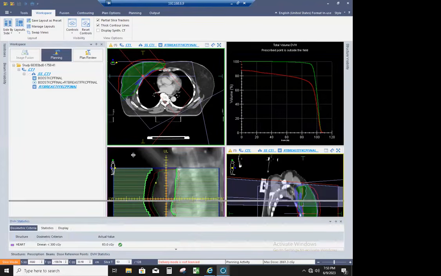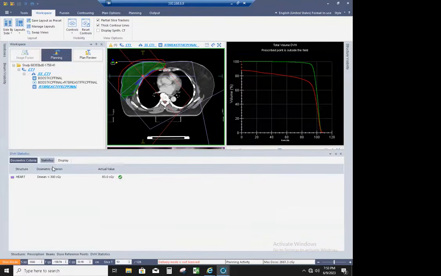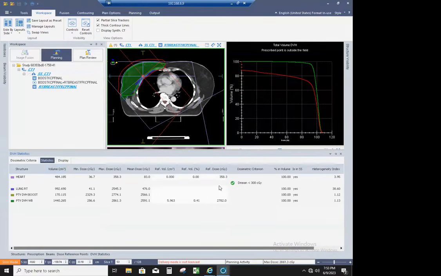If you go to the statistics, for the right lung you can see this is the 20 gray volume. It is 8.24 gray because the prescription is 26 gray only. And if you see the PTV whole breast DVH, because the prescription is 26 gray, only 57% coverage.